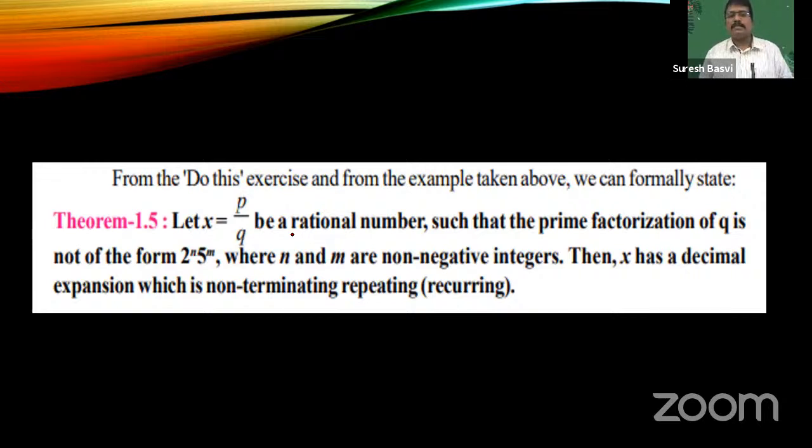Okay, let x = p/q be a rational number such that the prime factorization of q is not of the form 2 power n into 5 power m.